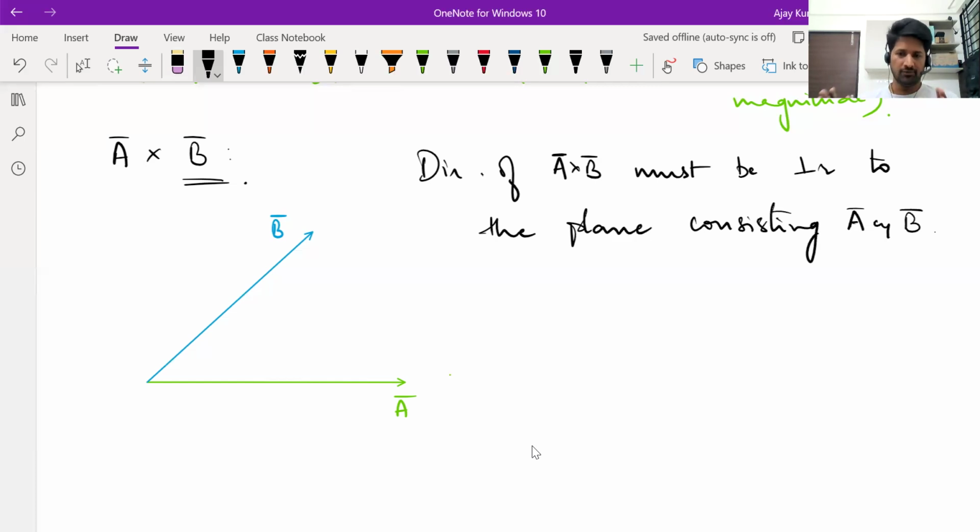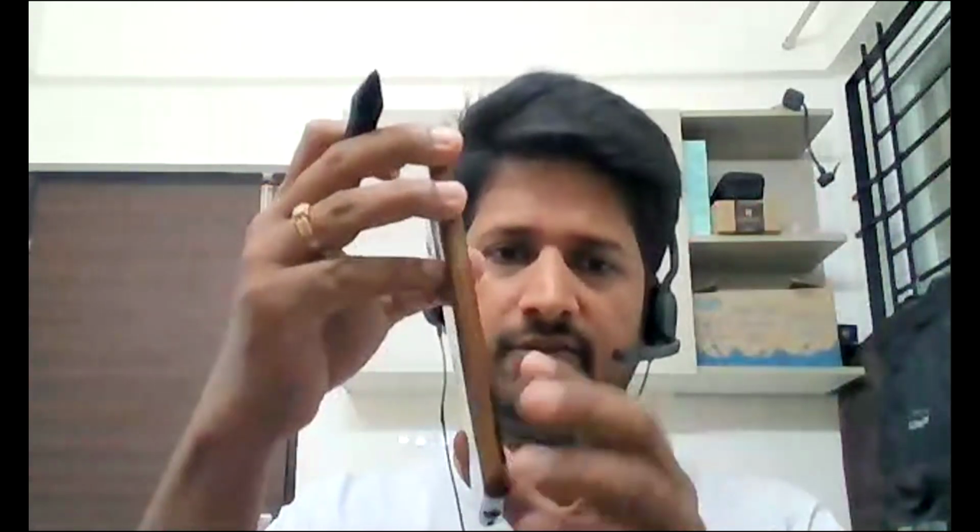So if you're trying to find out the cross product of two vectors, first visualize the plane consisting those two vectors. Okay, plane is a flat surface. To any flat surface, you can imagine two directions which are perpendicular. For example, let's consider this mobile phone itself. You know, the screen is a flat surface. So you are looking at it from the side.